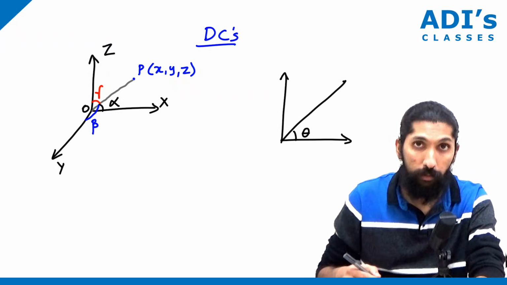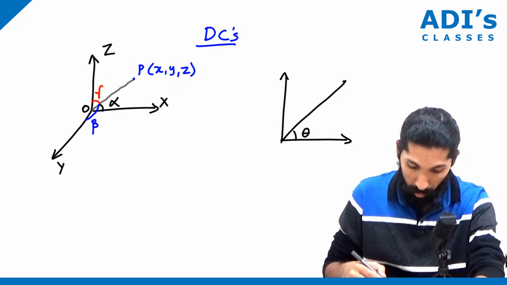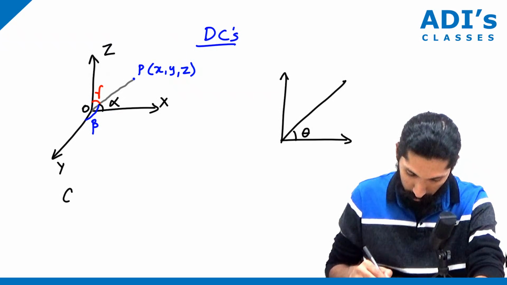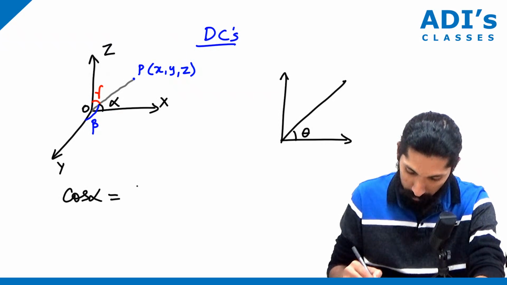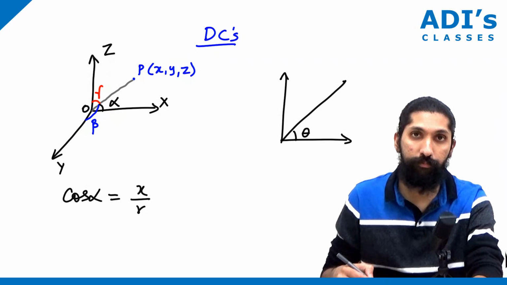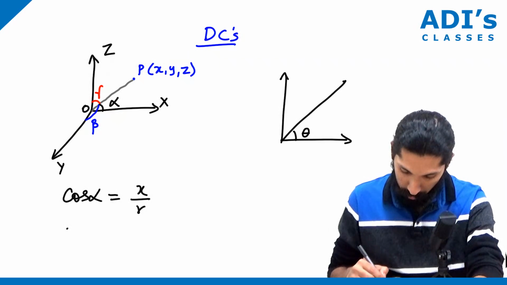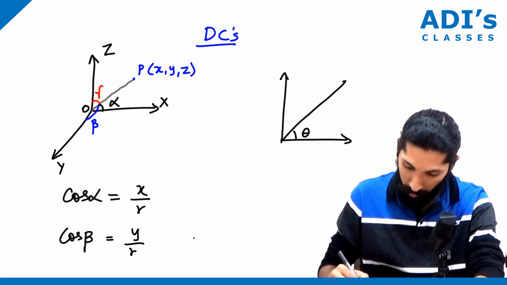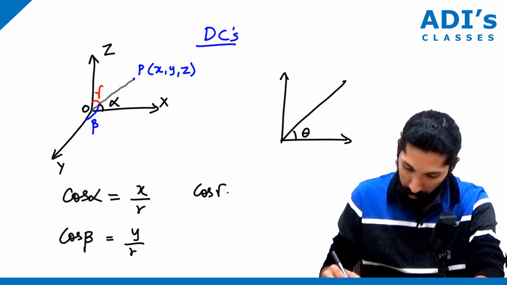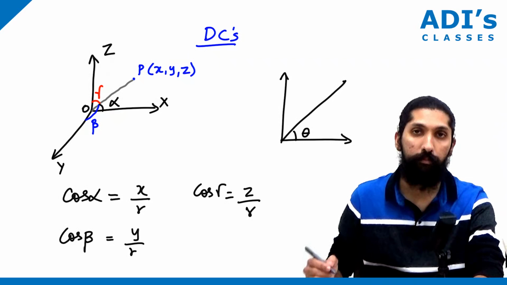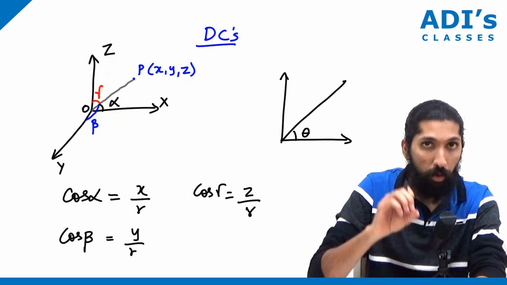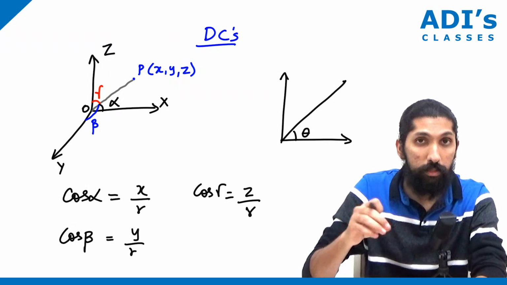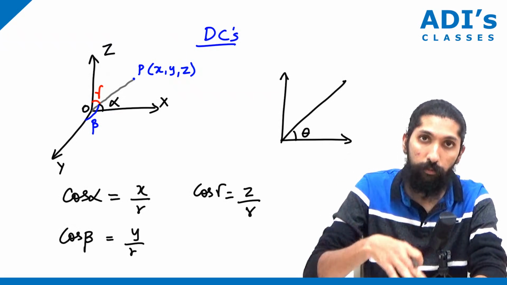We take cos alpha is equal to x divided by r. Next, cos beta is equal to y by r. Cos gamma is equal to z divided by r. Fair enough? That point P can also be written in another format.